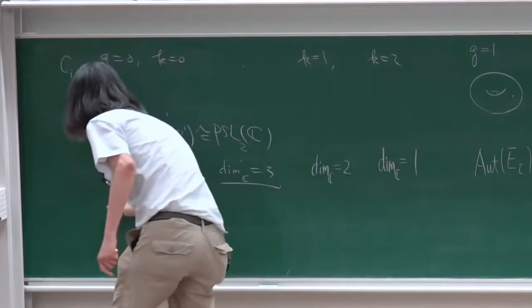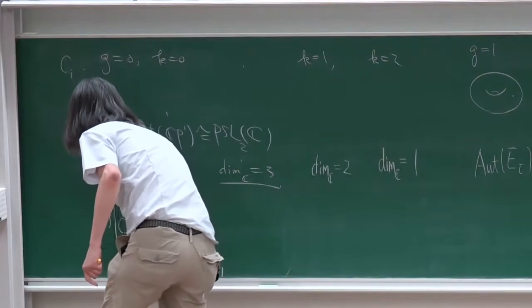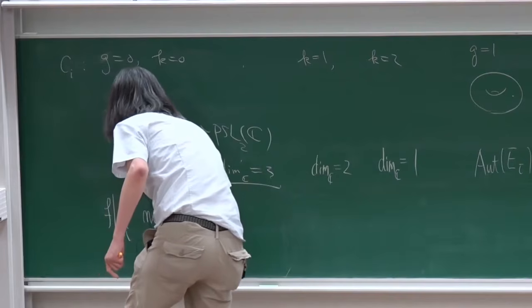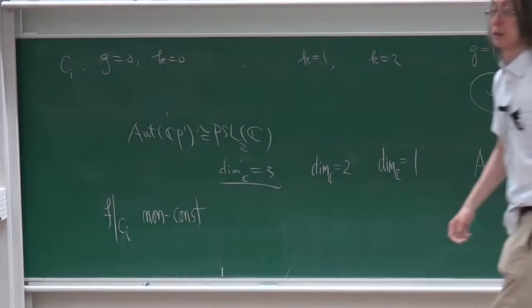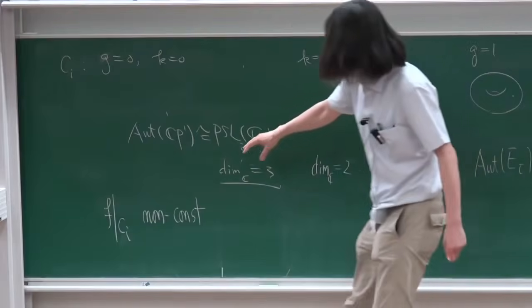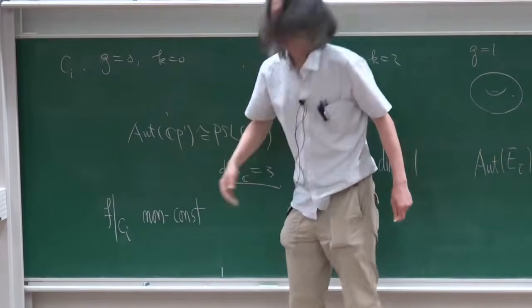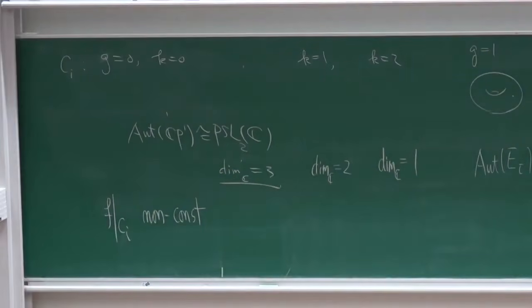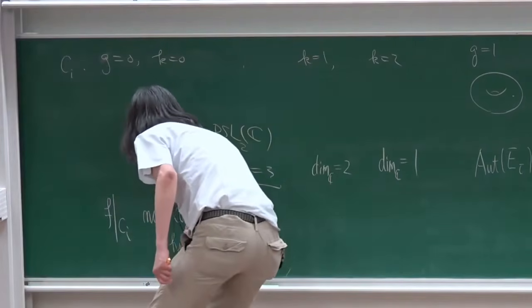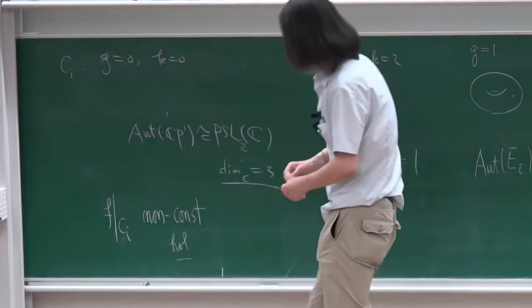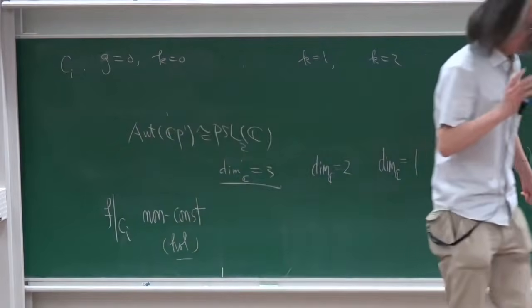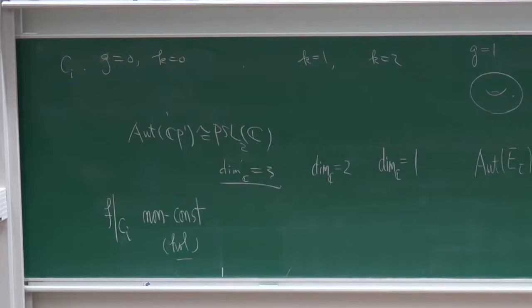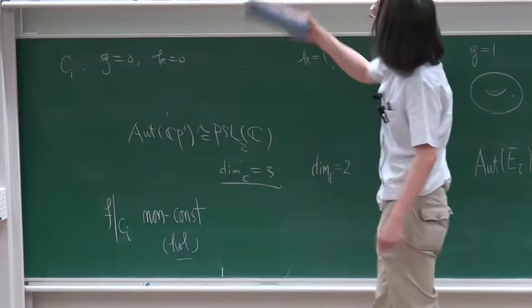But now you assume that the restriction of F to Ci is non-constant. Then the automorphism preserving a non-constant holomorphic map, I assume only holomorphic maps here, is finite.